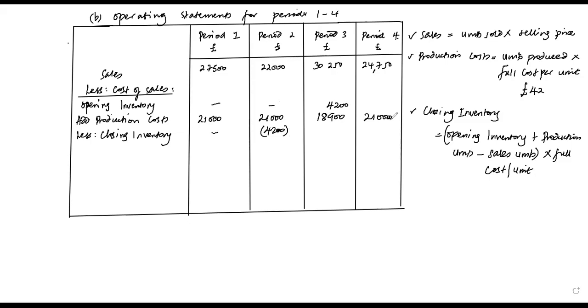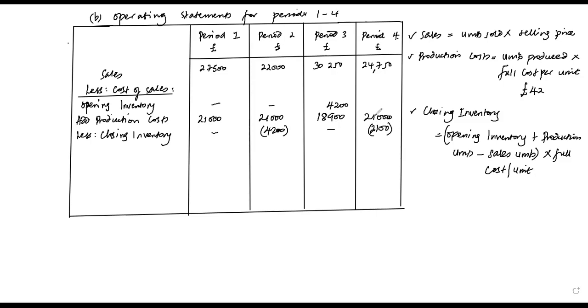Period 3, there is no closing inventory because all what was available for sale was sold. Then period 4, there is closing inventory of 2100. So that is your opening inventory plus the production costs and then the closing inventory.